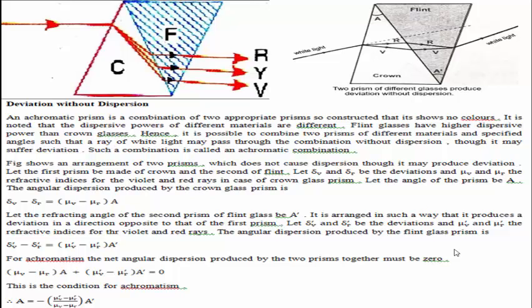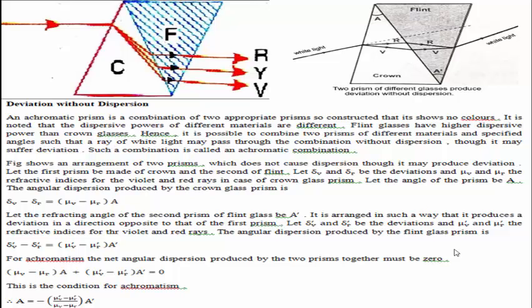The angular dispersion produced by the flint glass prism is delta dash V minus delta dash R is equal to nu dash V minus nu dash R multiplied with A dash.